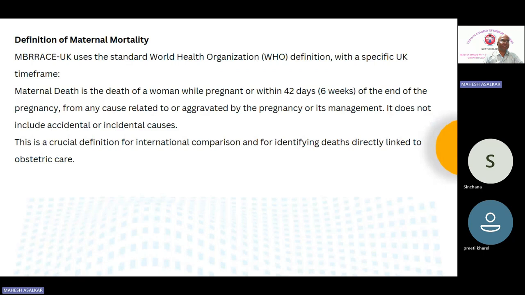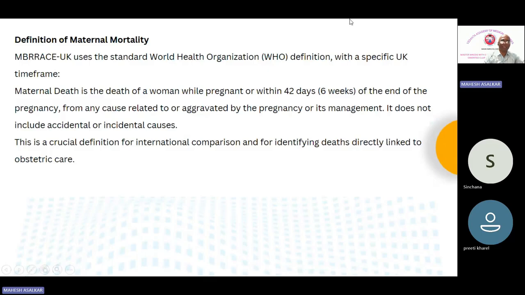So we begin with the definition of maternal mortality. MBRRACE-UK uses the standard WHO definition with a specific time frame. The definition used by MBRRACE is the same as that given by the WHO. However, there is a little difference with respect to the time frame, which we will discuss as we go through the slides.